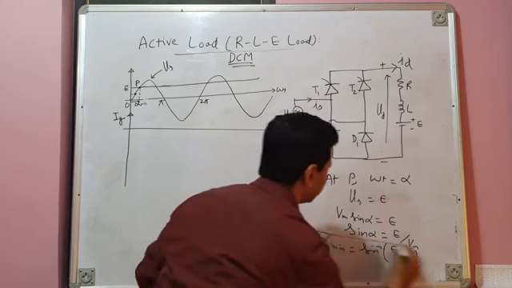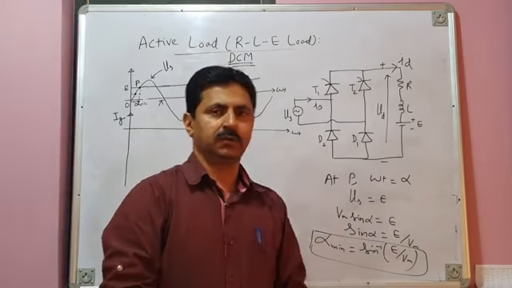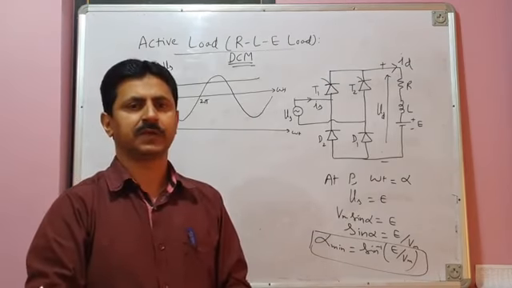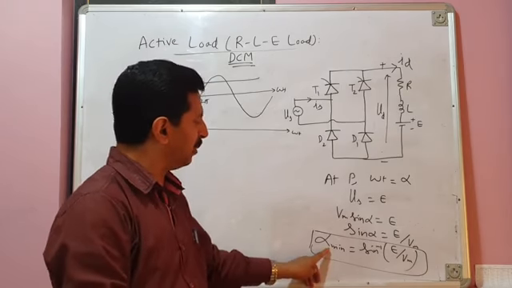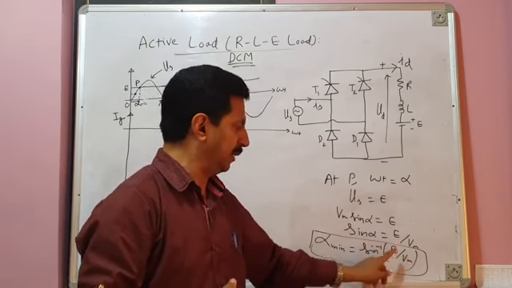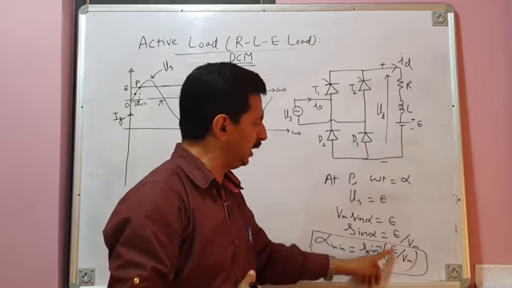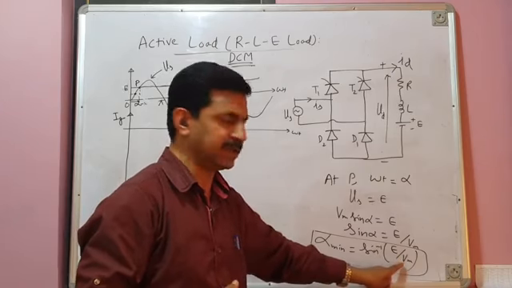This is a very important relation. We have already derived this relation when we were discussing the operation of a single phase half wave converter feeding an RLE load. Same relation. So the minimum delay angle you can find by this relation, sine inverse of E by Vm. If you know the load EMF E, and if you know the RMS value of the source voltage, you can find its peak value.